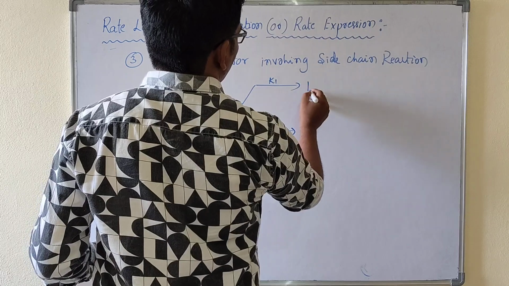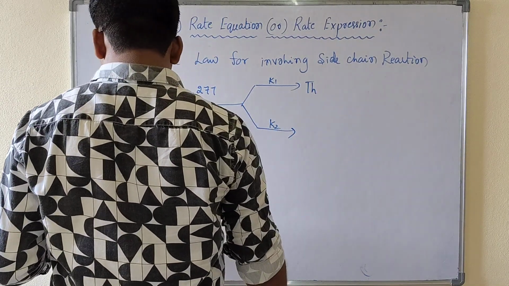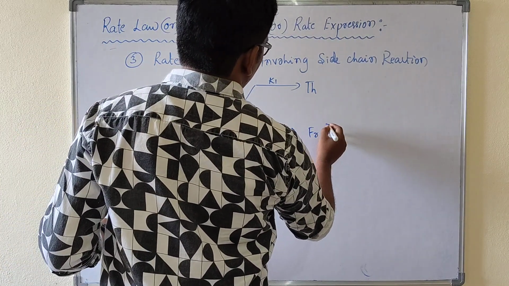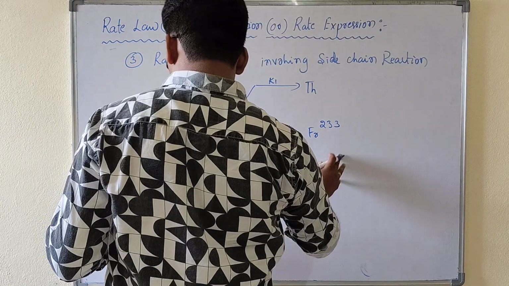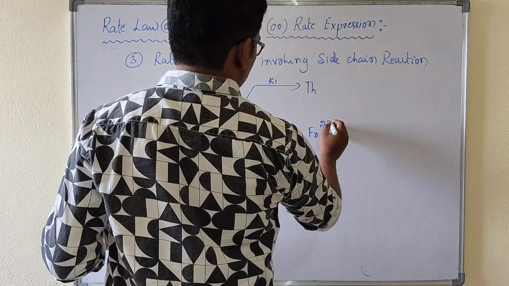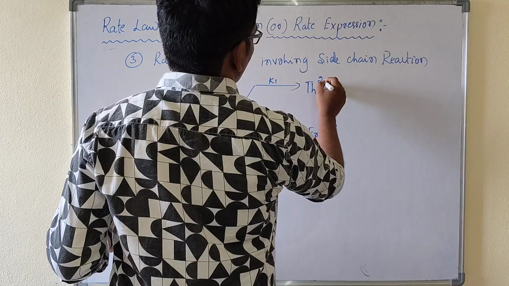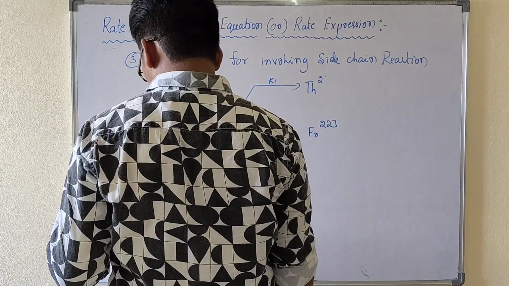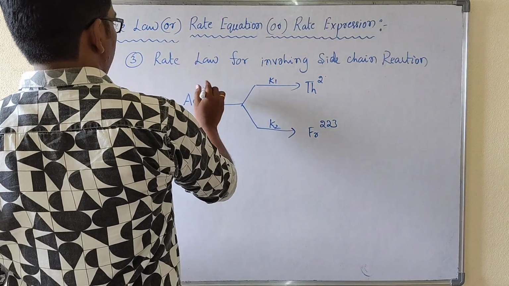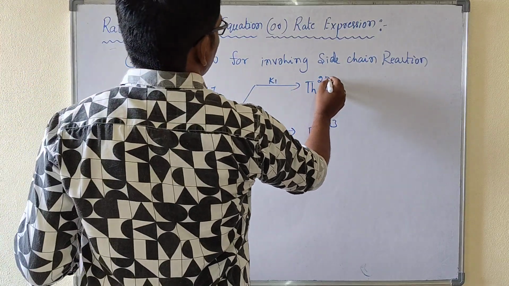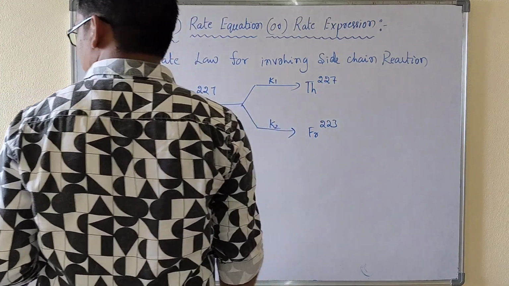Here thorium will be formed. Then here francium 223 will be formed.